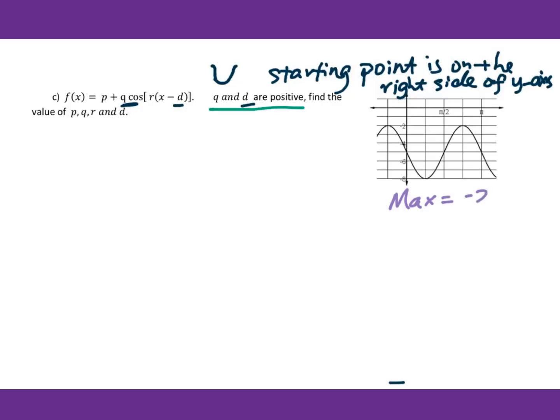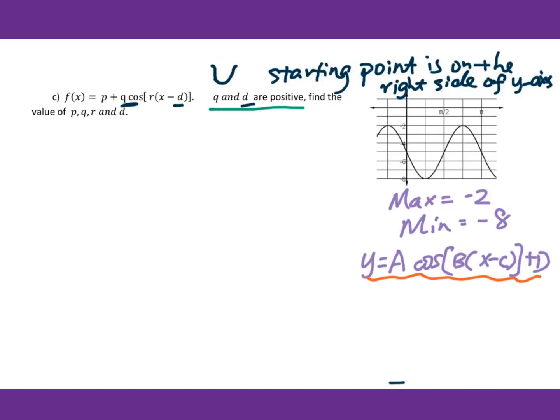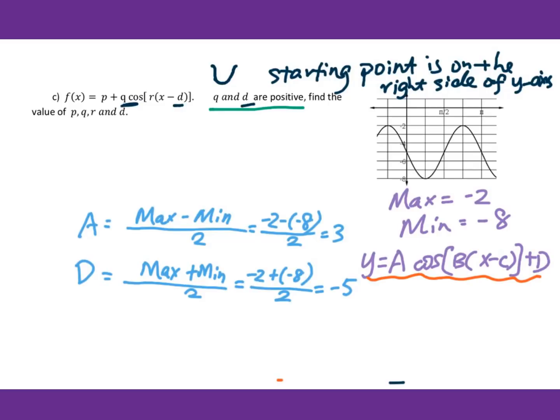Maximum value, that's negative 2. Minimum value, that's negative 8. And our pattern of equation is like this. So we got A equals maximum minus minimum over 2, that equals 3. D equals maximum plus minimum over 2, we got negative 5.